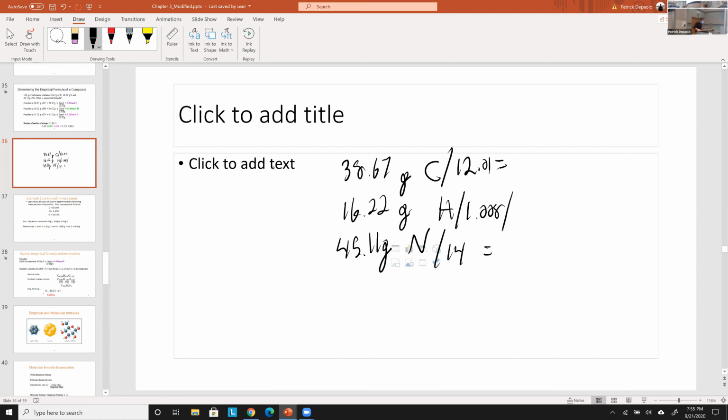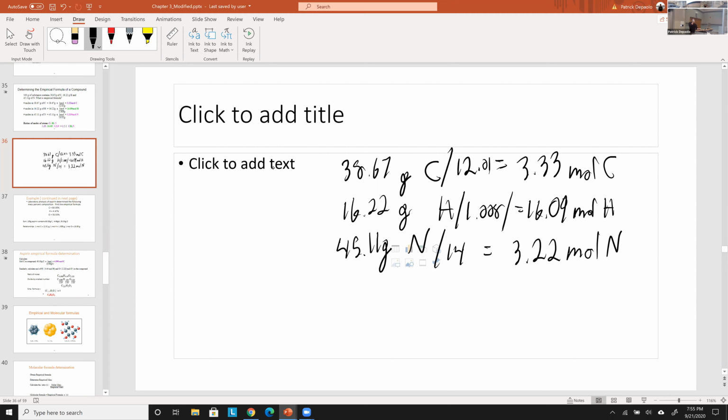And then you get 3.33 moles of carbon, 16.09 moles of hydrogen, and 3.22 moles of nitrogen. Does that part make sense? How we got those numbers? Good? Okay, so we just found the moles. Now we're going to divide by the lowest number of moles. Divide all the numbers by the lowest number of moles.